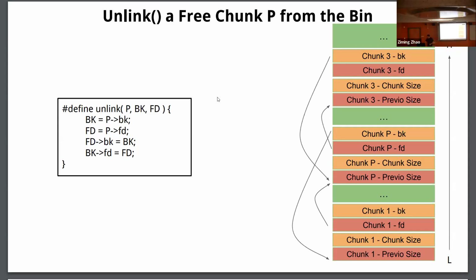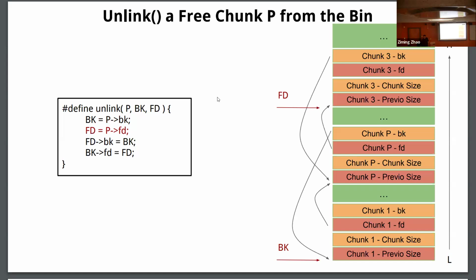Let's see what kind of problem we could have here. In this macro, we're trying to unlink P, to remove P from this list. First, we have a local temp variable called backward. We set backward as P's backward, which means backward will point to chunk 1.